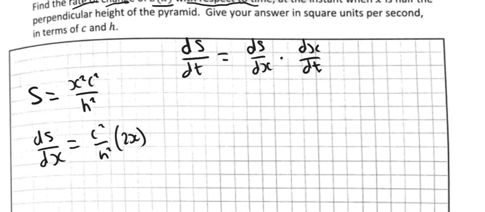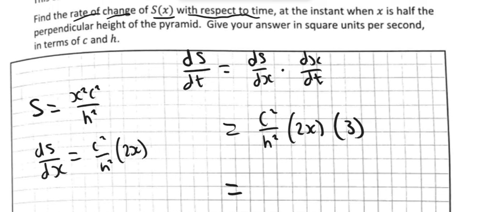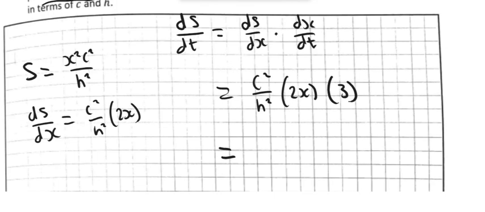So it's c squared over h squared multiplied by 2x multiplied by dx dt, which is 3. Now also we wanted when x is half the perpendicular height of the pyramid. So x is half of what h is. So therefore x is h over 2.